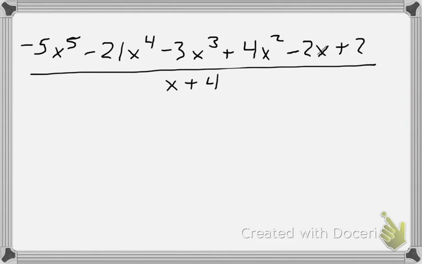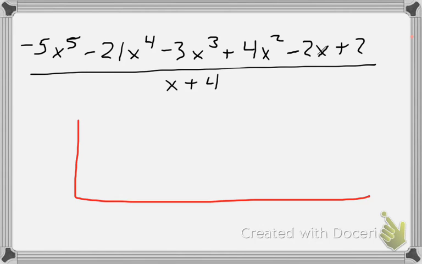Let's try again. We have a big mammoth polynomial on top. Doesn't matter how big it is. Doesn't change the level of difficulty except that the problem is longer. And we are going to divide by x plus 4. So we have our massive upside down division sign.